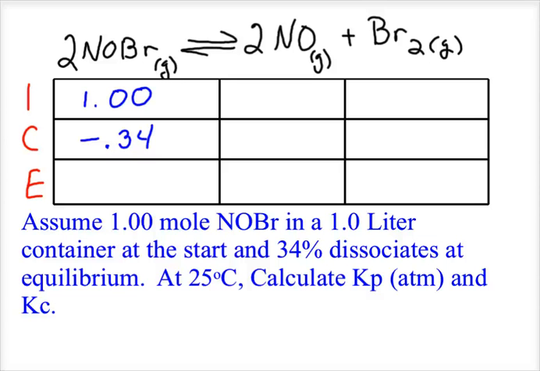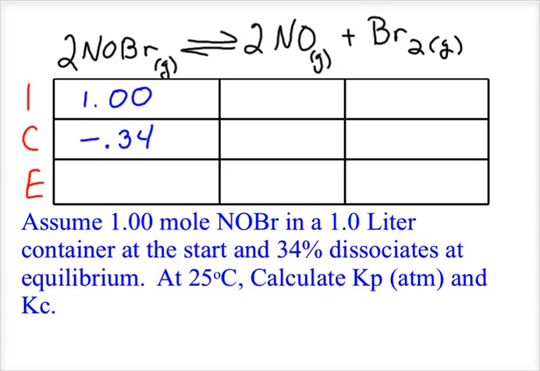Knowing that the volume is 1 liter, the temperature is 25 degrees Celsius, you should be able to calculate not only the total pressure at the start, but the total pressure at equilibrium as well.